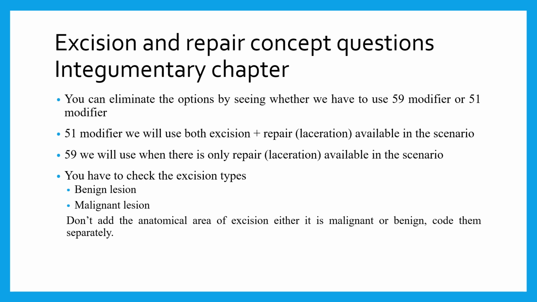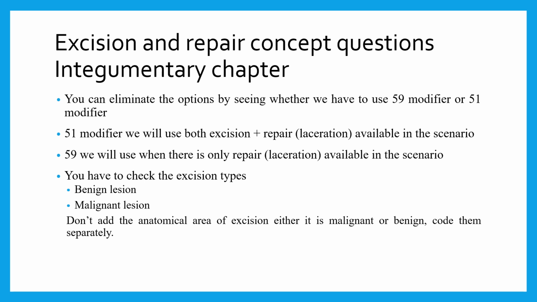So now you have to check the excision types. Now we are coding for excision. You should check whether it is malignant or benign. Don't add the anatomical area of the excision. Either it is malignant or benign, code them separately. So in excision, you should not add the anatomical site. Okay, make a note of it.